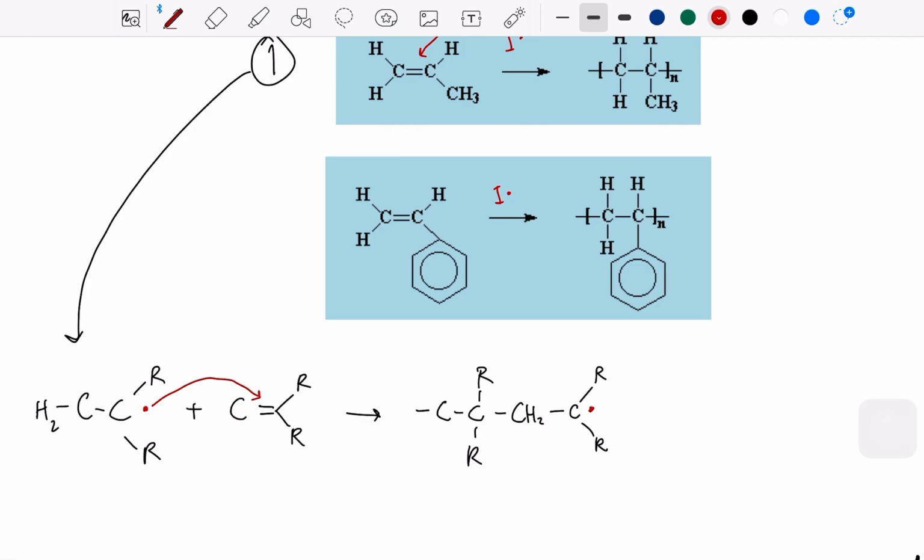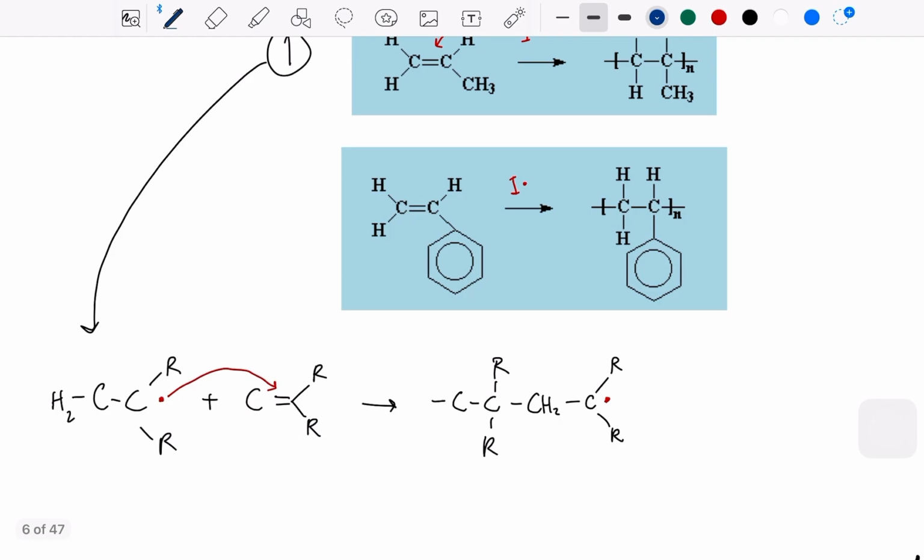And to give you a sense why this is really reactive, for example, let's say we are focused on the carbon here. So this is going to be just one sigma bond, right? On this carbon-carbon. And we say that here we have 348 kilojoule per mole for that bond.